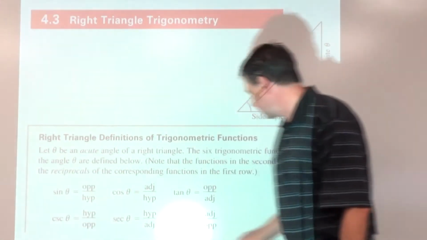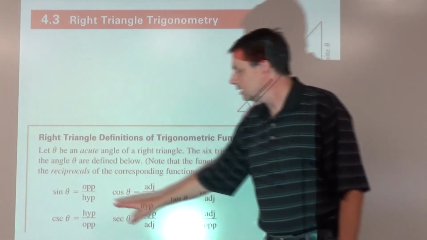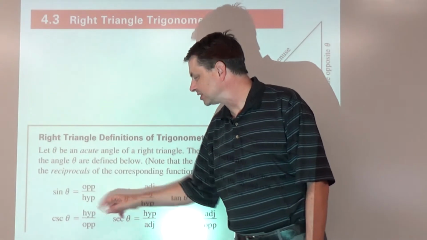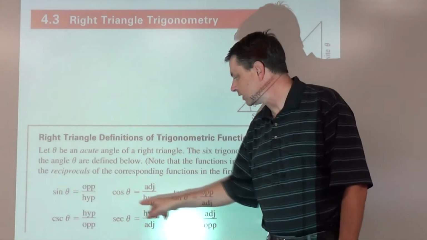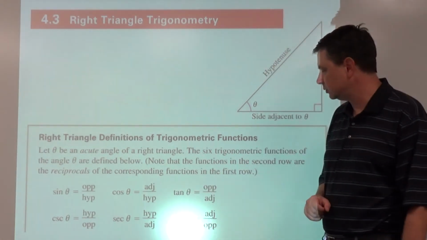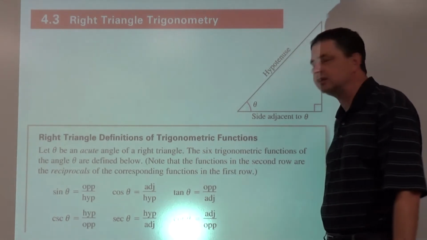And our trig functions, our 6 trig functions, are defined as sine of theta is equal to opposite divided by hypotenuse. Cosine of theta is adjacent divided by hypotenuse. Tangent of theta is opposite divided by adjacent.